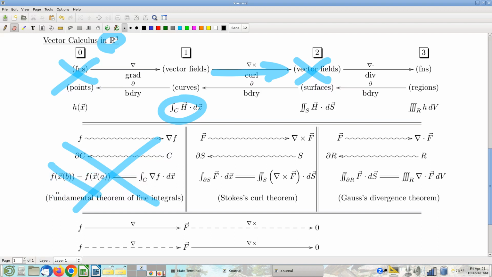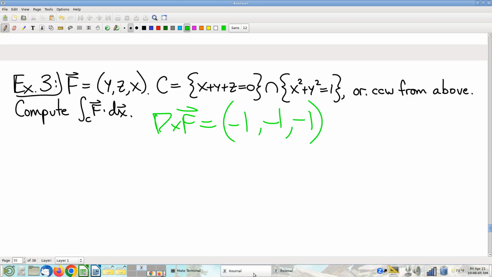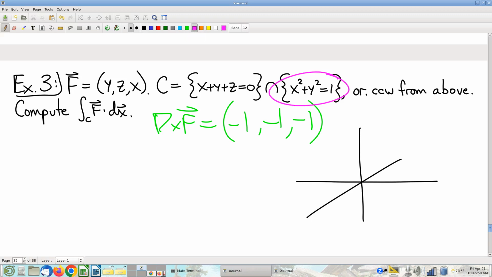Okay. So, next thing, let's visualize the curve. I need to understand if my curve is a closed curve or not, and let's draw the picture. All right. Well, we have a cylinder.